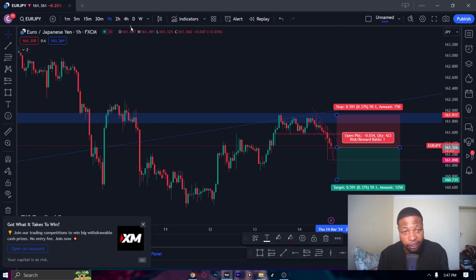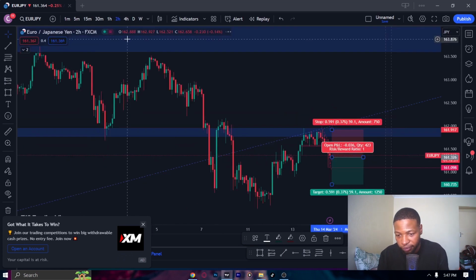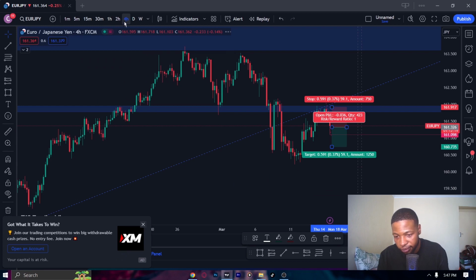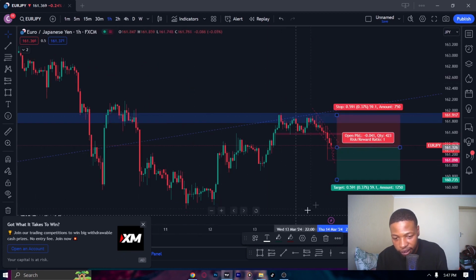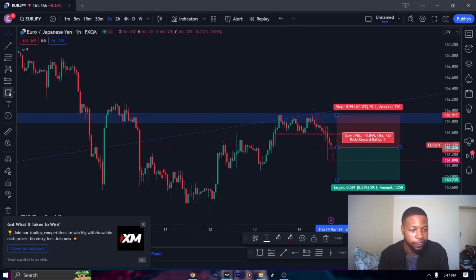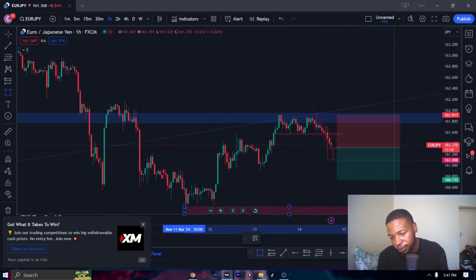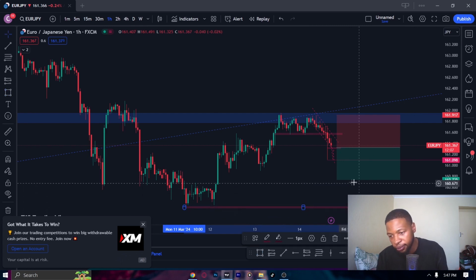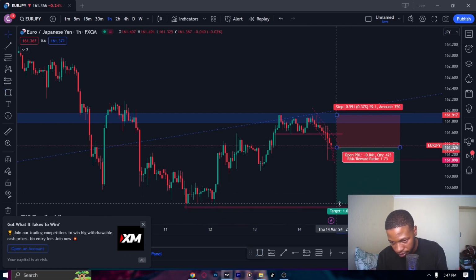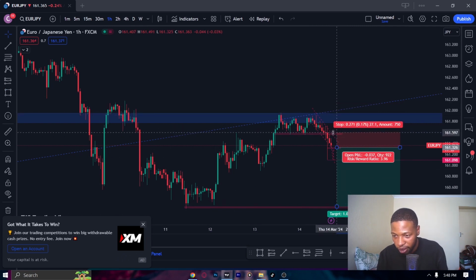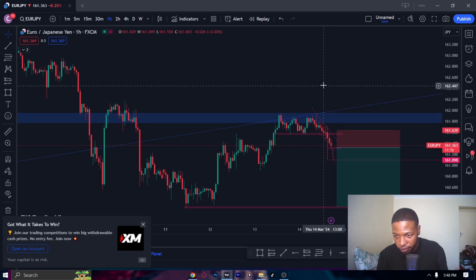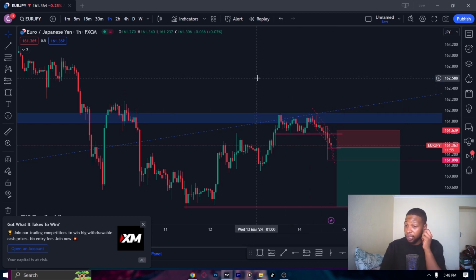I'm going to ride the trade until this level. And I'm going to exit the trade. My stop loss will be here. And this is how I am going to enter this trade.